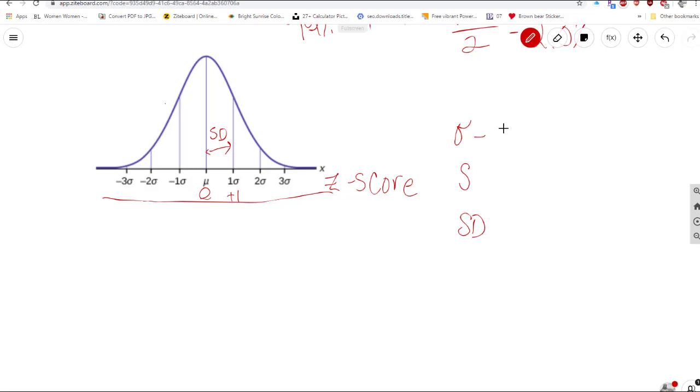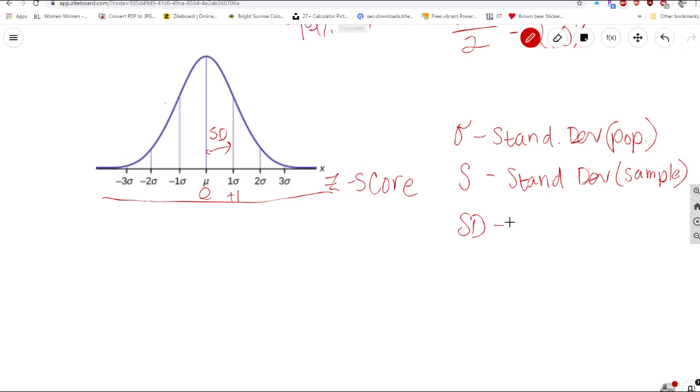So this is the standard deviation, standard dev for population. That would describe a population parameter. This would be a standard deviation for a sample, so it would be a statistic. And this is just shorthand for standard deviation, just SD.